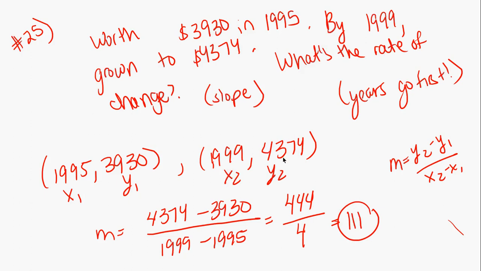And the question asks you, is it increasing or decreasing? Because it's positive, that means it's increasing. So this is a multiple choice question. You need to make sure that you choose the correct word for it, as well as the correct number.